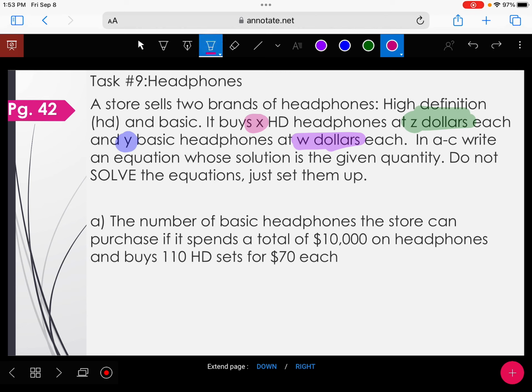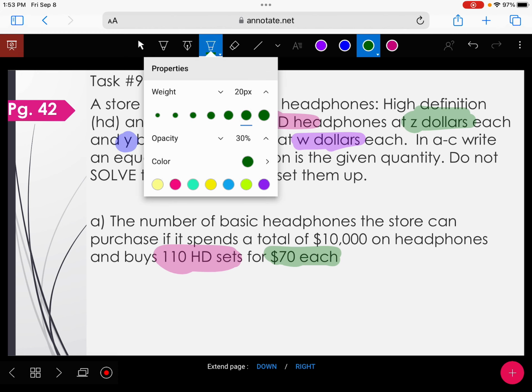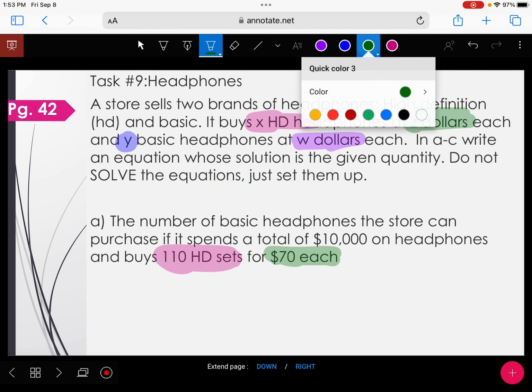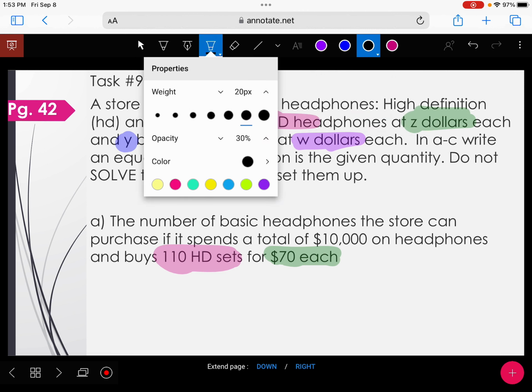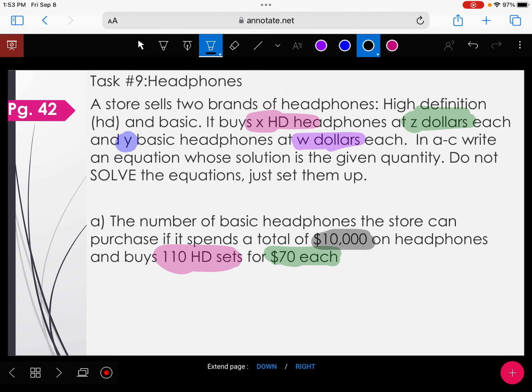That is what I've got highlighted in pink. That's going to be in place of our X. I know that the HD headphones are going to cost $70. That's what they had as our Z up at the top. We also know it's going to have a total of 10,000.